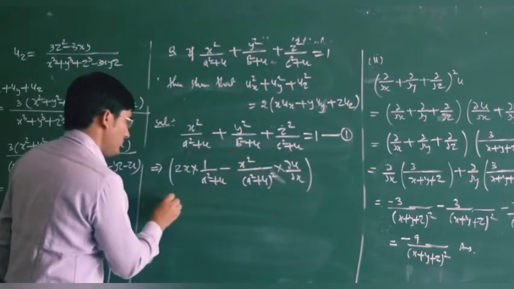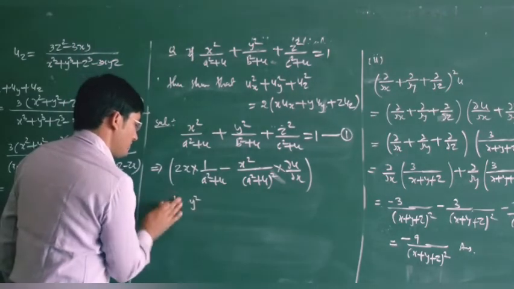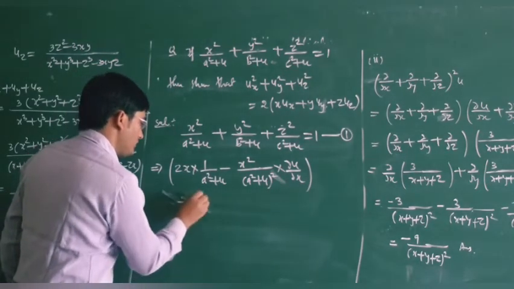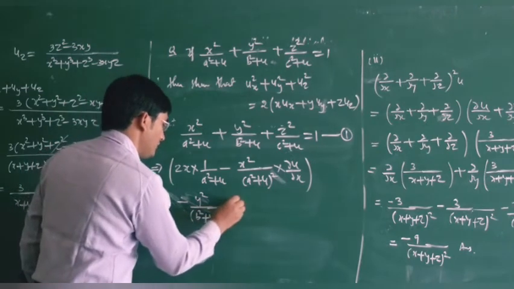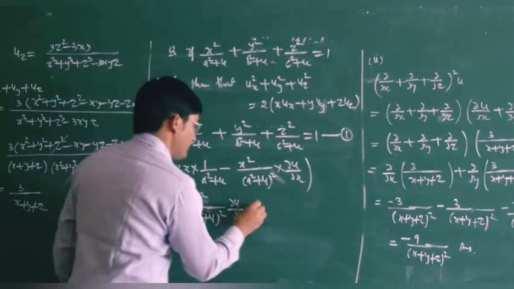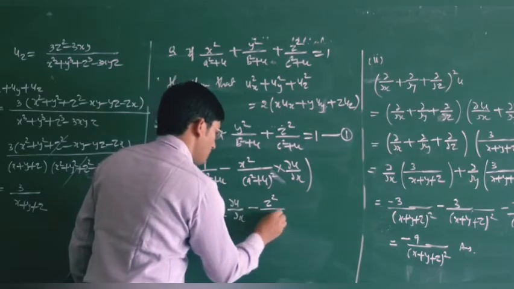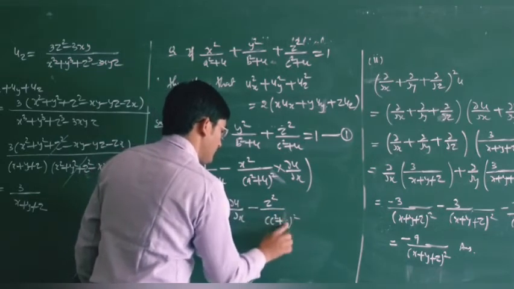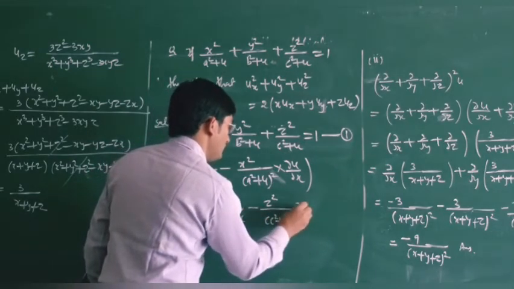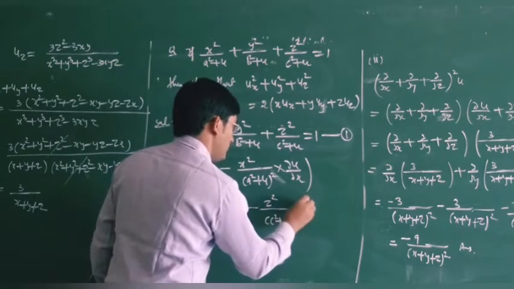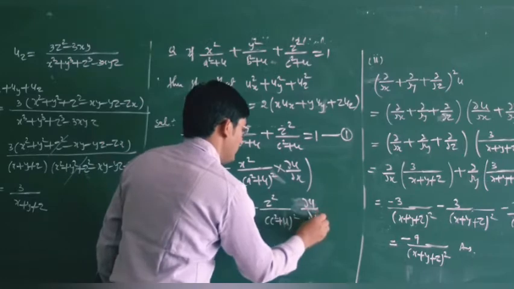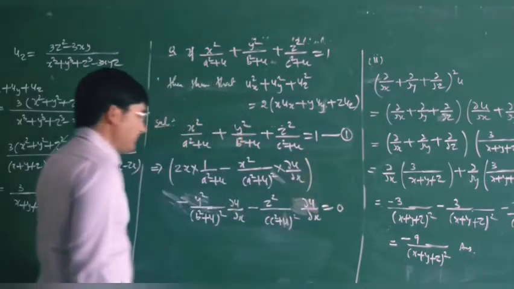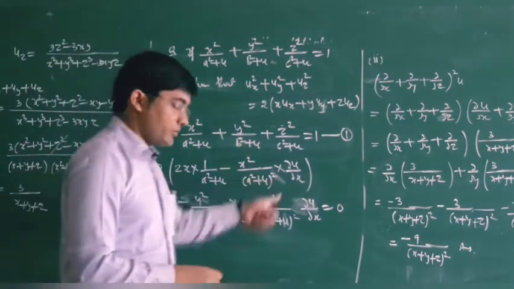Then here we will have minus y square upon b square plus u whole square into del u upon del x. Then the third term will be minus z square upon c square plus u whole square into del u upon del x, and the differentiation of 1 will be 0. So let us take del u upon del x common.